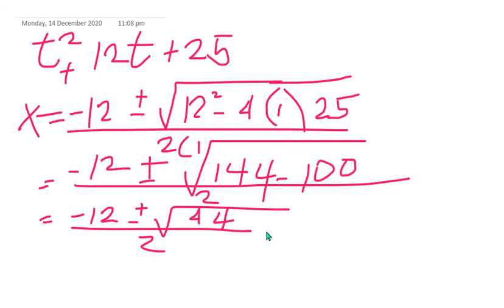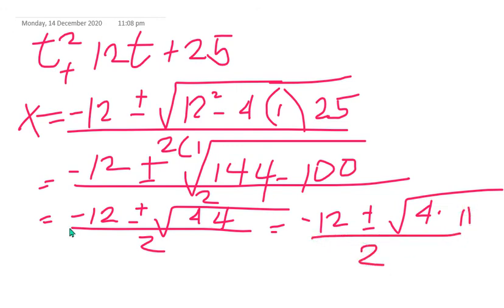So therefore, we have negative 12 plus or minus, 44 is 4 times 11, over 2.